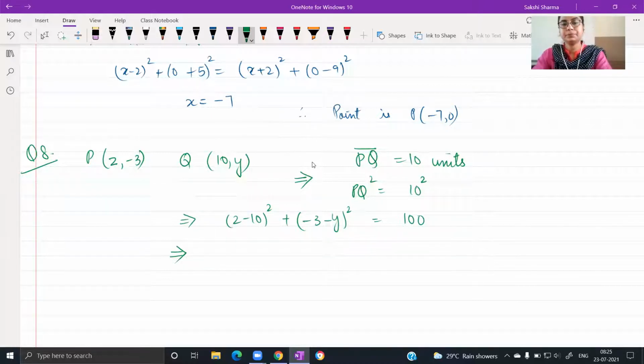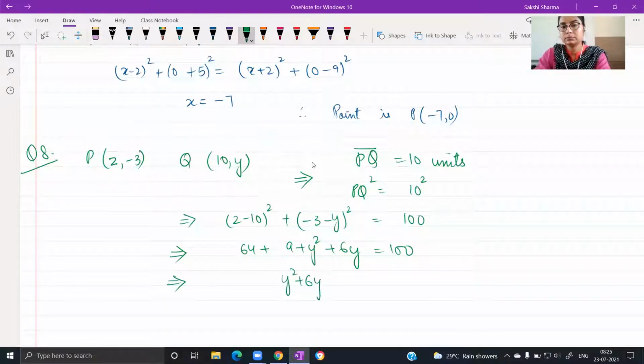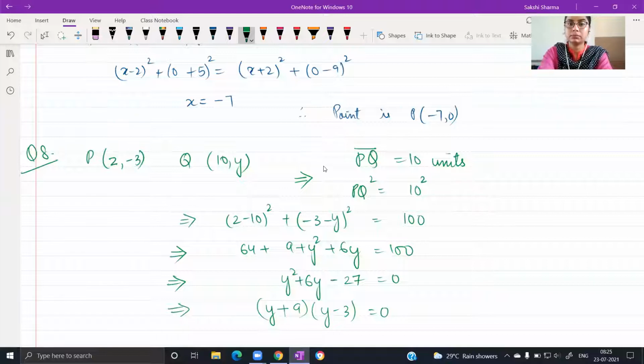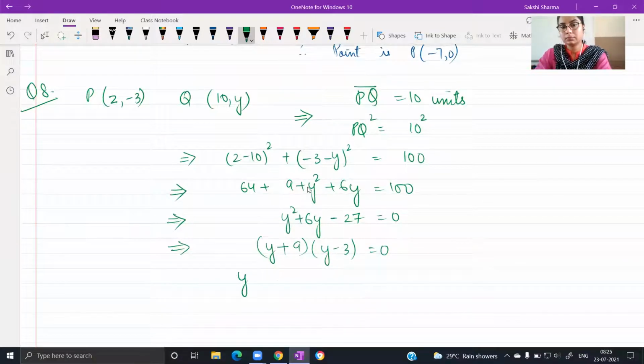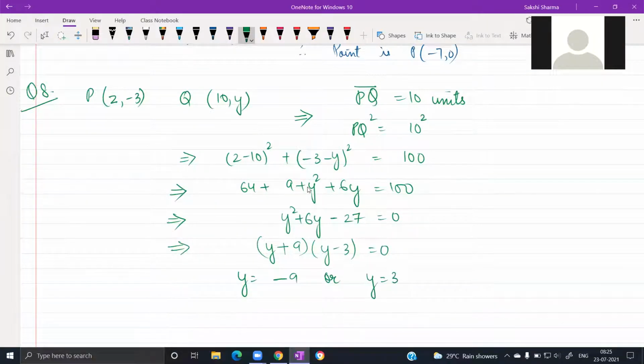From the equation, -27. Factors formed. Y is equal to -9 or Y is equal to 3.